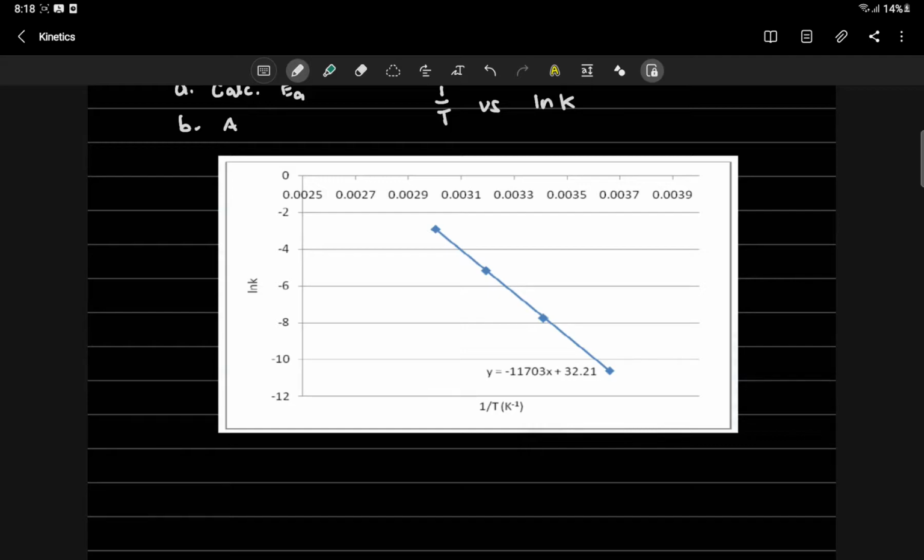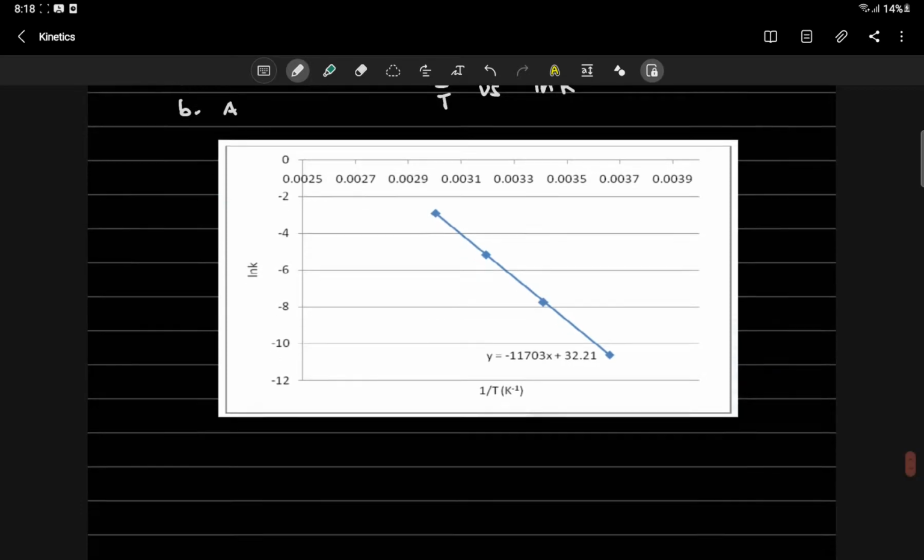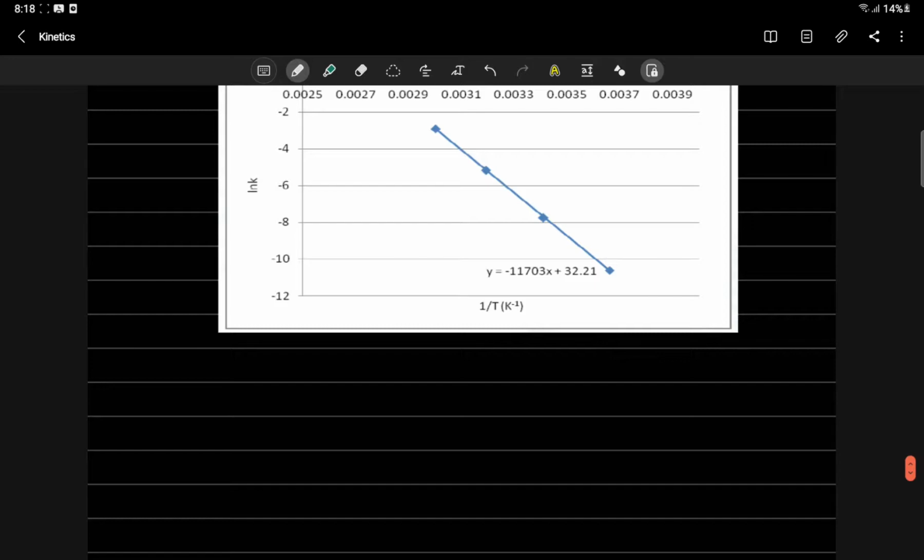So using Excel and using the plot that we obtained, we obtain here a linear graph and meron tayong na-obtain din na equation of the line, and the equation is right here, no?